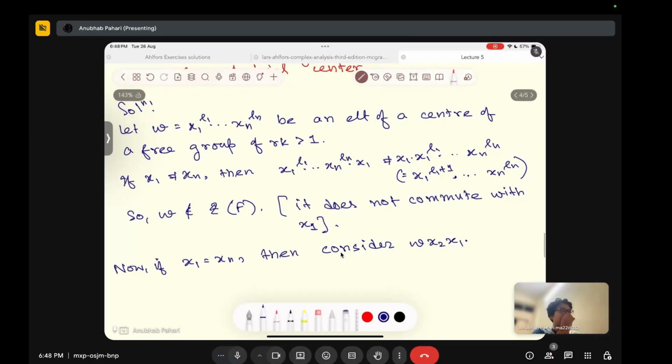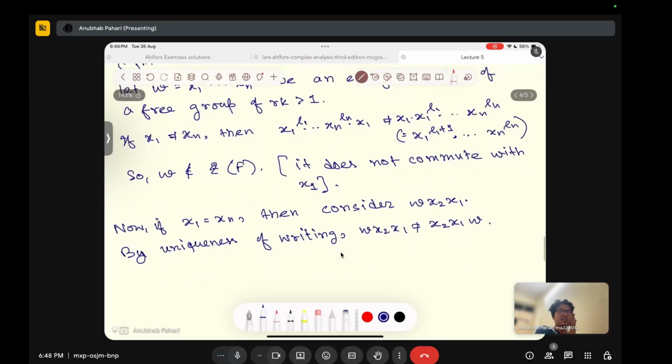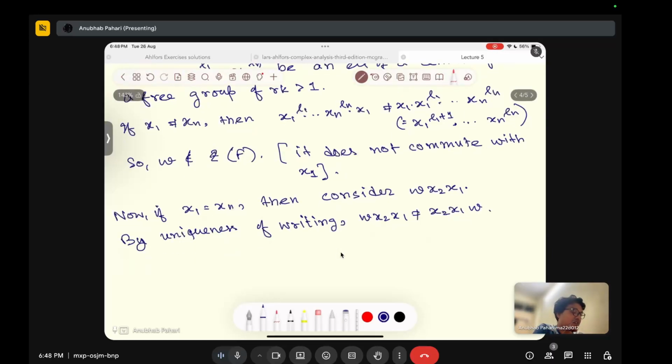So again, by uniqueness of writing, w x2 x1 is not equal to x2 x1 w. So see, my xn was arbitrary, right? So I can repeat this step up to n times and show that this does not happen.